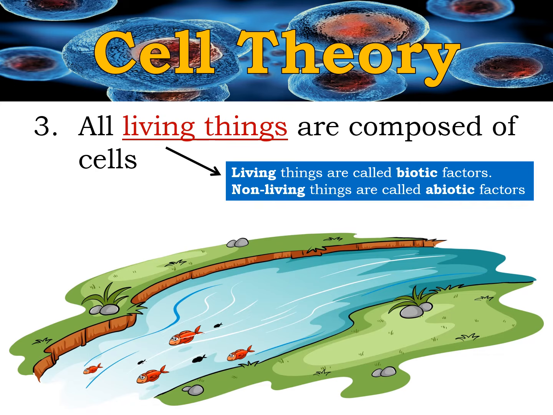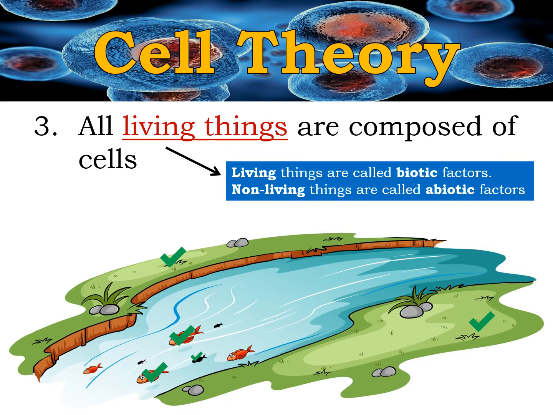This is important because all living things are composed of cells. A fancy way of saying living things is biotic factors, and the opposite of that, non-living, would be abiotic factors. Take a look at the picture below. If I was to ask you to point out the biotic factors or living things, you could tell me the fish and the grass.